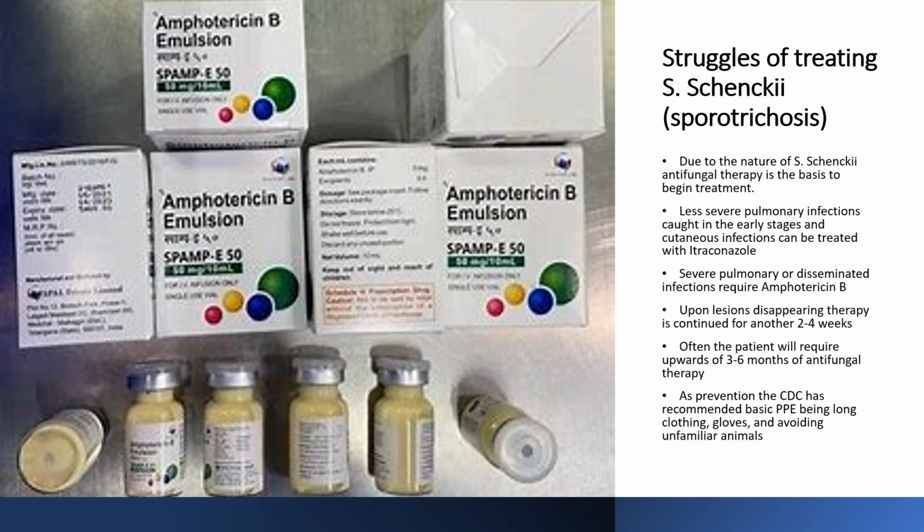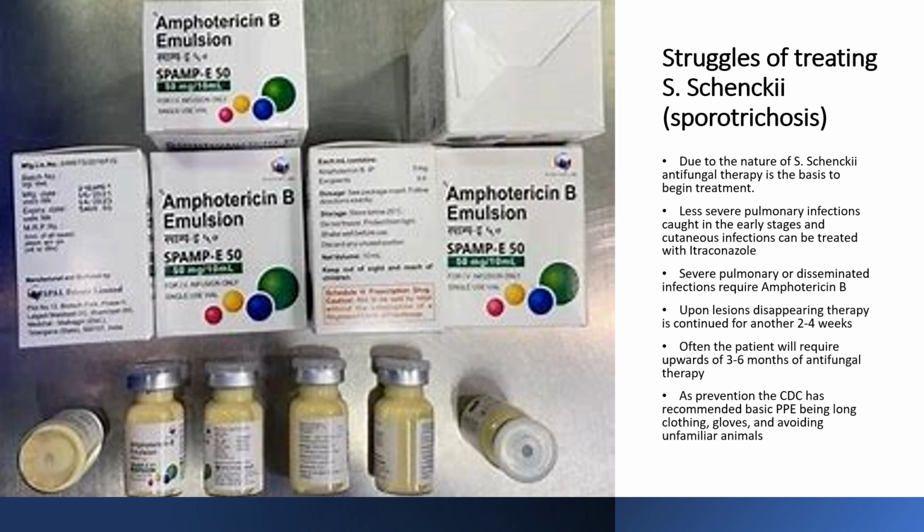S. schenckii is a pain to treat via medications, as are many fungal infections. Due to the nature of the fungus, you must undergo 2 weeks of antifungal therapy before they can take the measurements to give you proper amounts of medication to wipe out the strain.